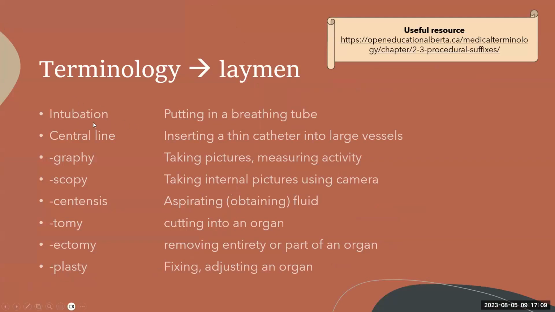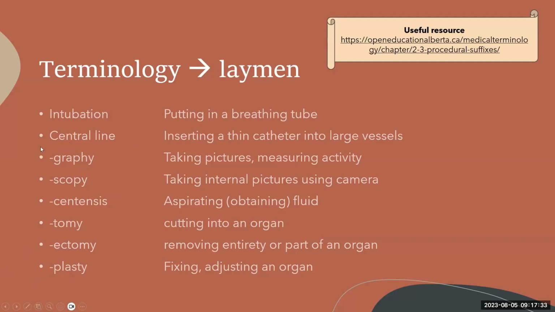Intubation is just putting in a breathing tube. Central line placement is inserting a thin catheter into large vessels. And then these are the common suffixes in English medical terminology, right? All of those Latin roots that you're going to need to know.